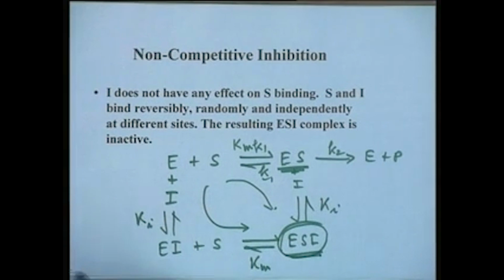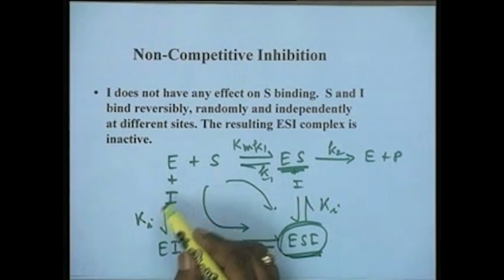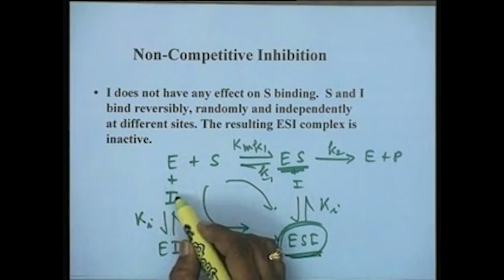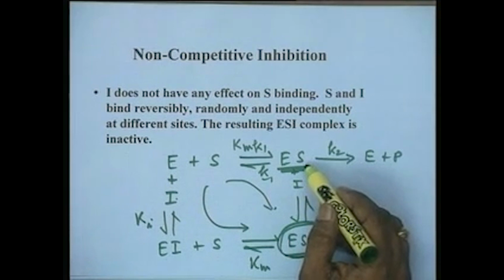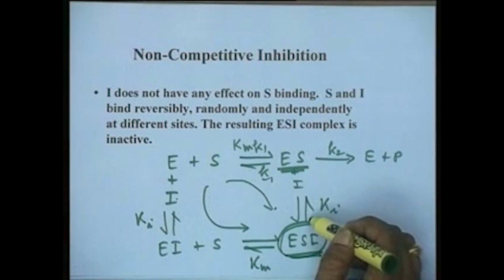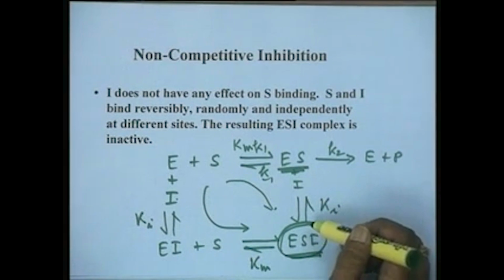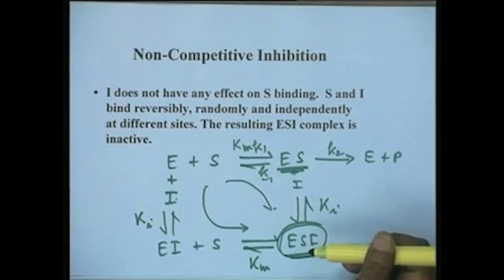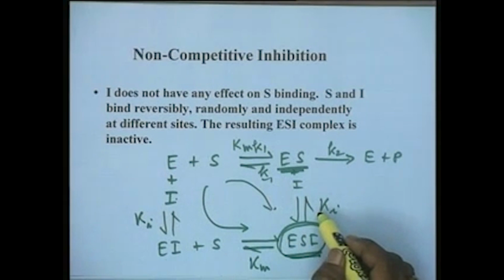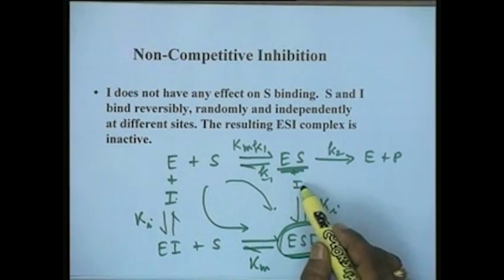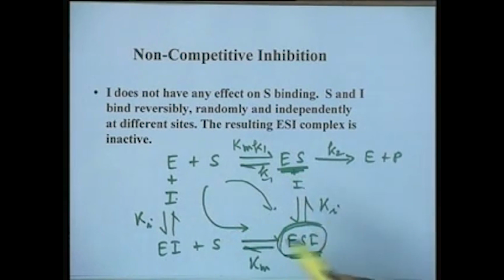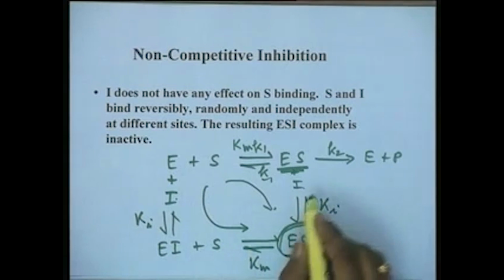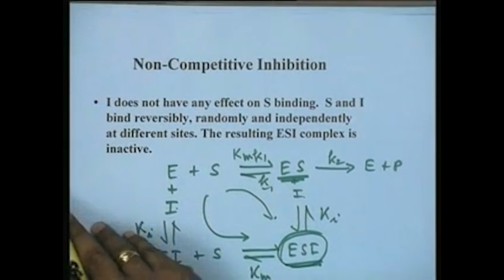In that case we assumed one basic factor, that the dissociation constant for binding of the inhibitor to the enzyme and to the enzyme substrate complex is identical. But in many cases this may not be so. The dissociation constant for binding of inhibitor to enzyme may be different from the dissociation constant for inhibitor binding to the ES complex, and there might be an interaction factor of alpha.